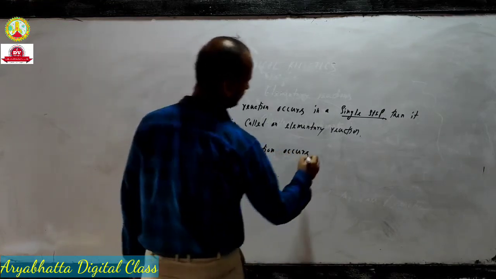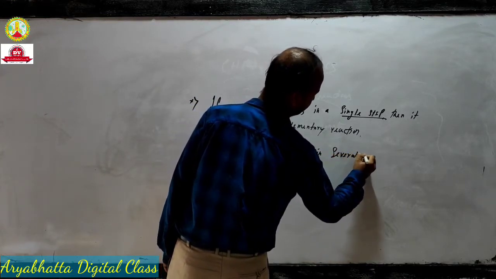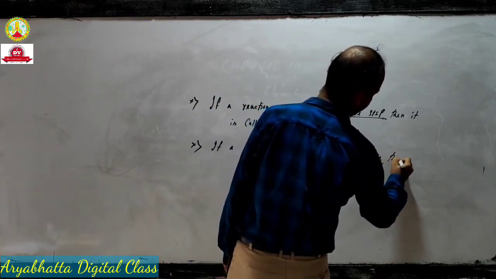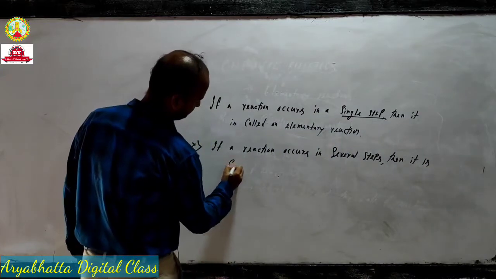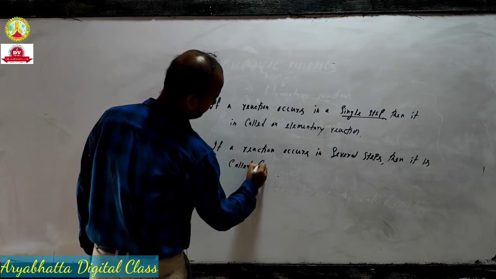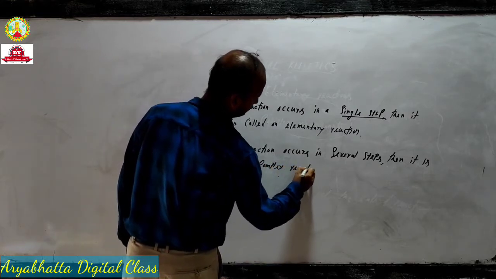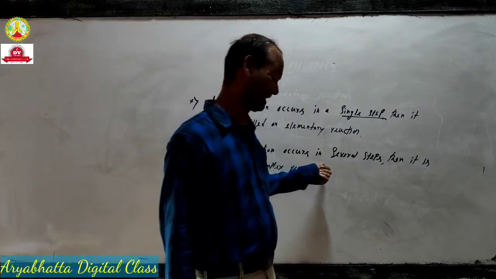If a reaction occurs in several steps, then it is called a complex reaction. Simply, here only one step, here several steps are involved.